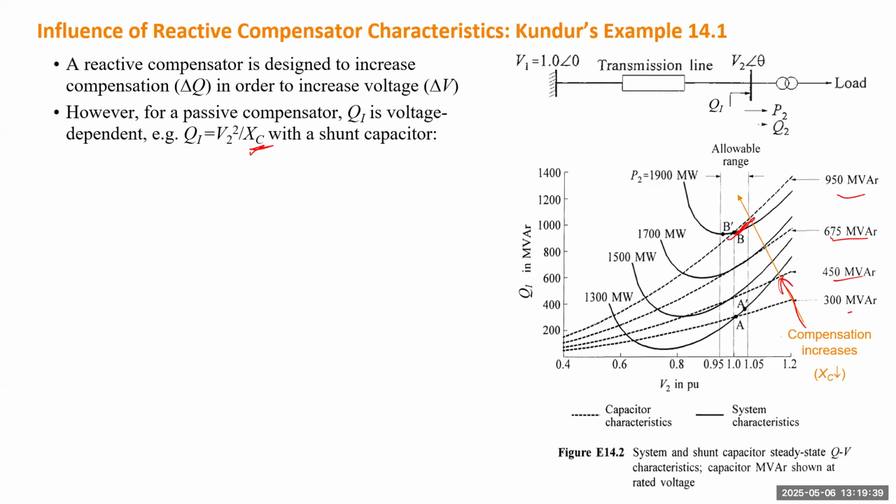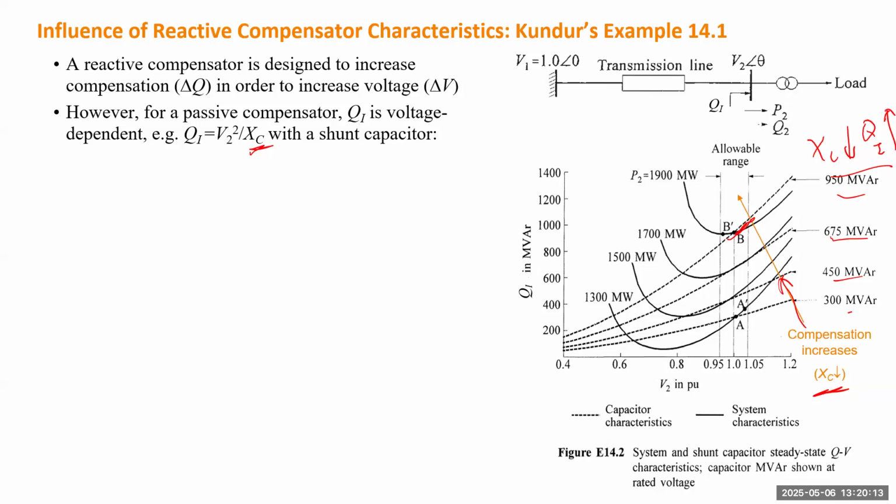Definitely the reactive power injection to the system will be growing, but that is caused by the decrease of the inner reactance. So when the XC decreases, the QI will increase. This is true only for voltage near 1.0 per unit based on their design.